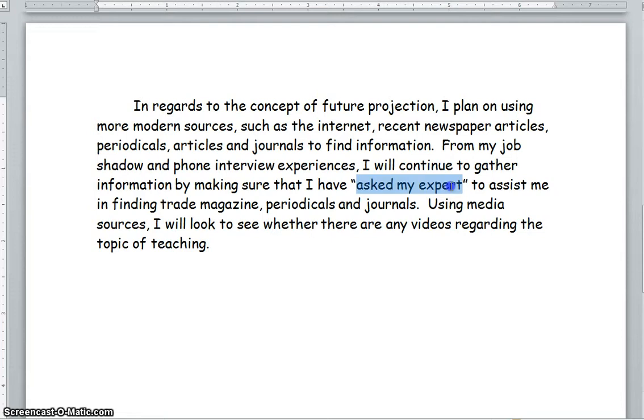Using your Ask the Expert information. Periodicals and journals are going to help you as well. Or is it videos? So don't assume your reader knows exactly how you plan on completing this plan of attack. Definitely tell them specifics. Now that's my paragraphs 1 through 3. You will continue on with paragraphs 4 and 5, following the other frameworks of what we're talking about.